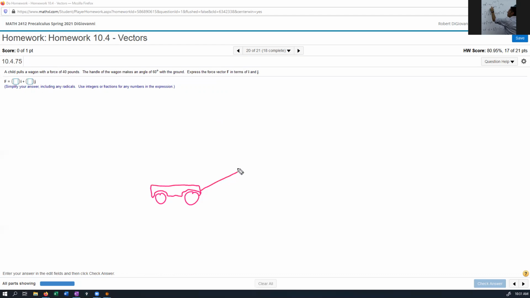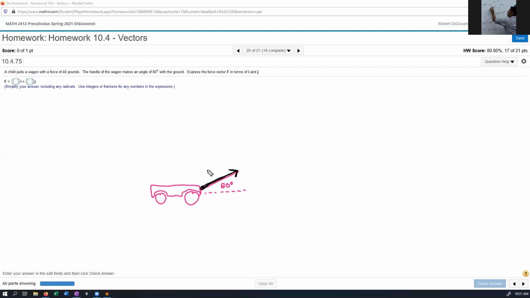So what they're saying here is, you know, we have a wagon. I'll make it red. We have a handle. And the child is pulling this with a force of 40 pounds, and the handle makes an angle of 60 degrees with the ground. So this is 60 degrees. The child is pulling this handle with a force, and we can represent that force with a vector.